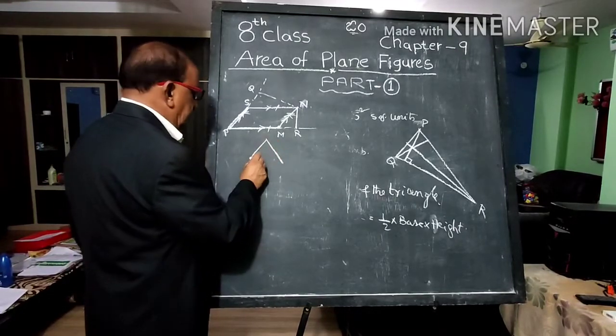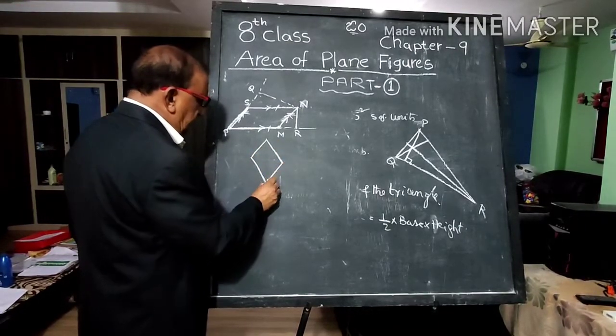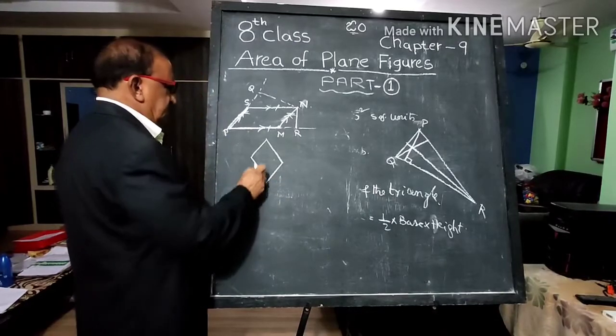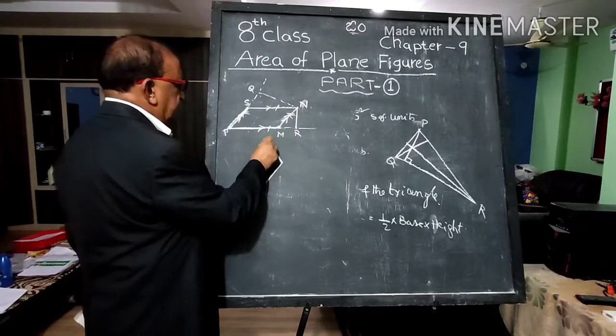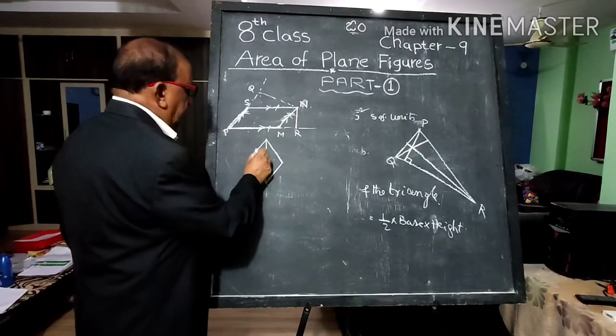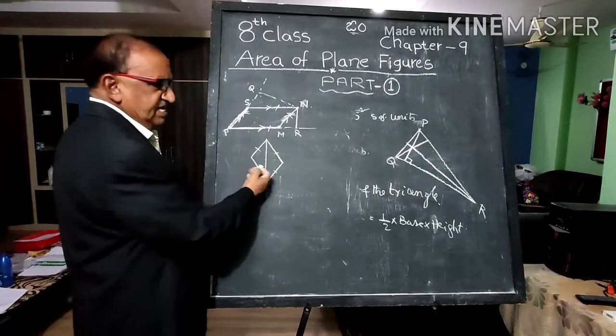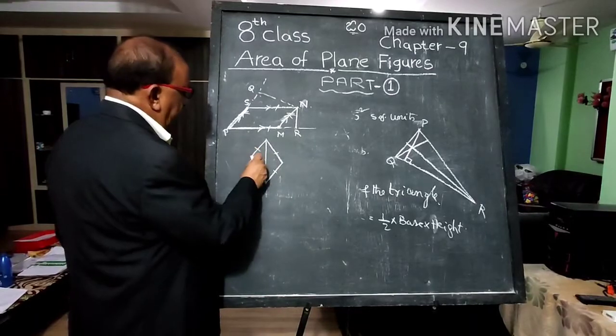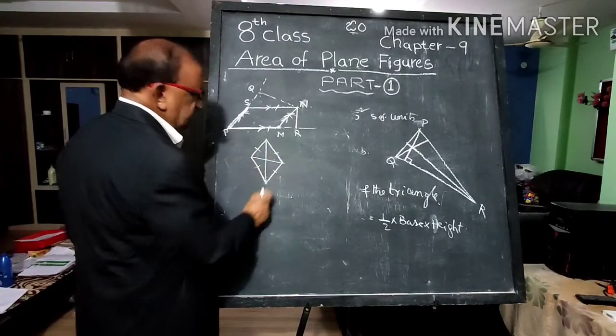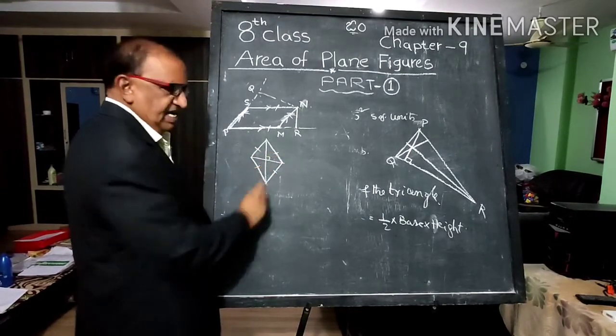Now you have a rhombus. I think you already learned about the areas of these figures. A rhombus has all four sides equal, opposite sides are parallel, and the diagonals bisect each other, and they bisect at right angles.